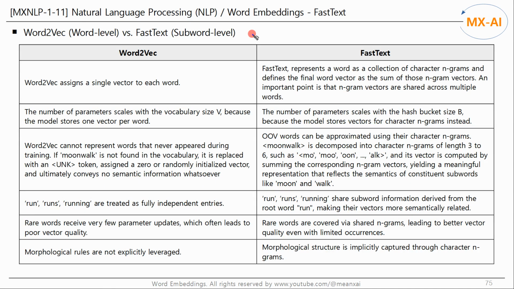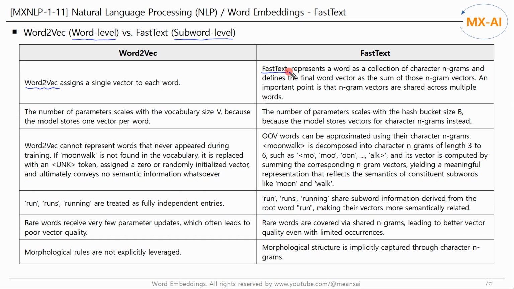Now let's compare the main differences between Word2Vec and FastText. Word2Vec is a word-level model, whereas FastText is a subword-level model. As we discussed earlier, Word2Vec assigns a single vector to each word. FastText, on the other hand, represents a word as a collection of character n-grams and defines the final word vector as the sum of those n-gram vectors.